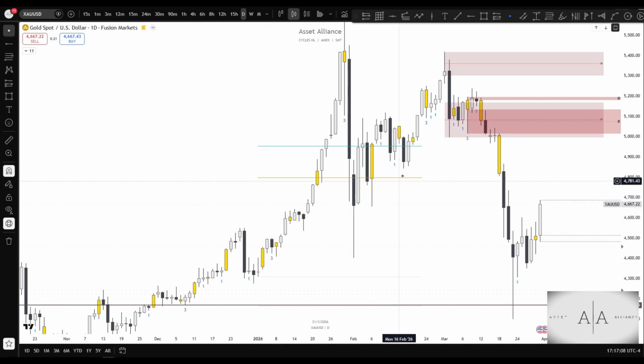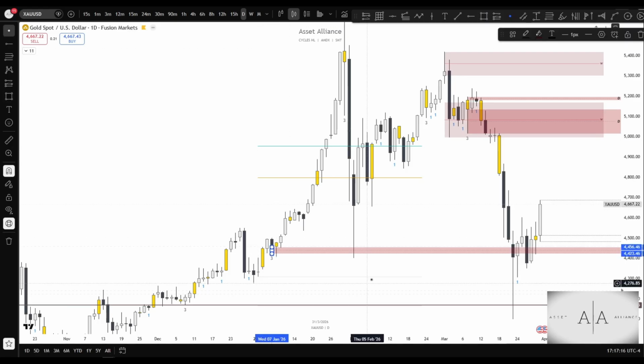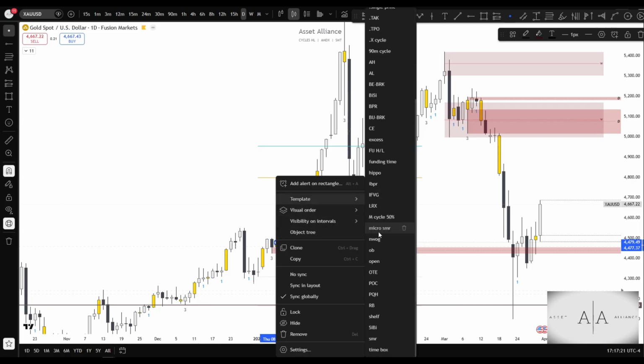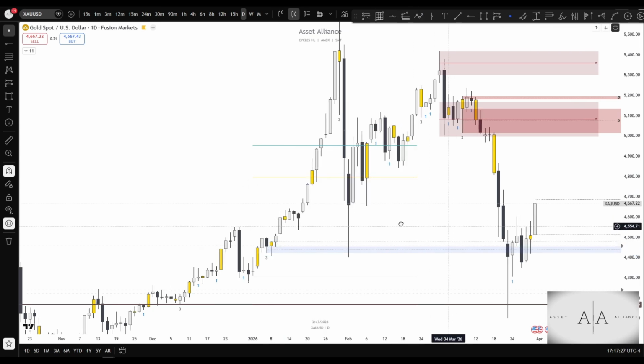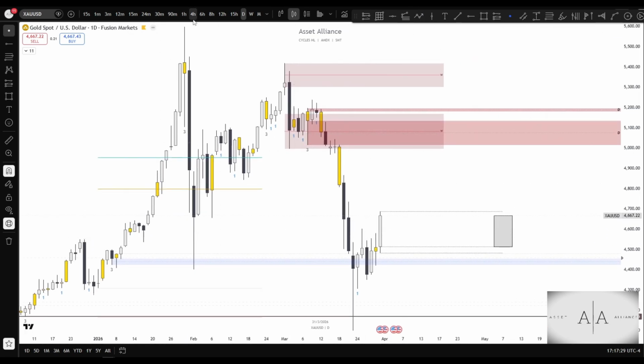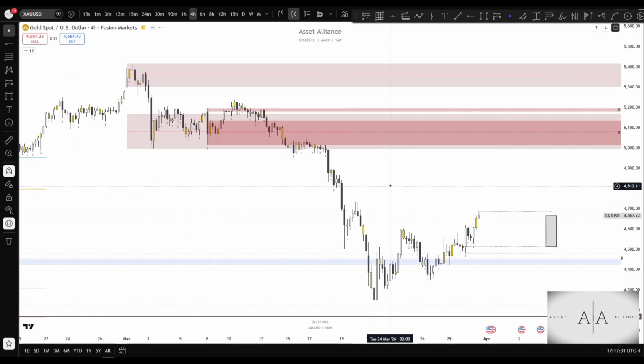Parent candles are always better to mark out than inside bars. If you have a parent candle that's lower, take the parent candle, not the inside bar, right? So here we have this. Then you can go down to the 4 hour and try to find an entry.